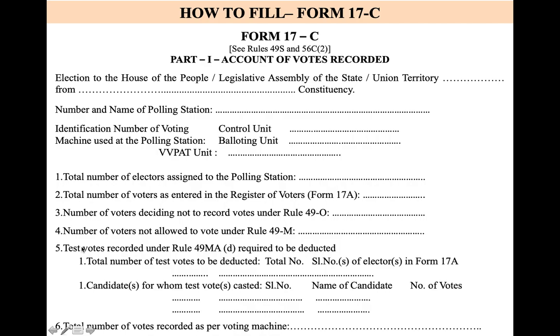So coming to point number 5, test votes recorded under Rule 49MA required to be deducted. For this, first let's understand what a test vote is, and then we'll get back to this page again.